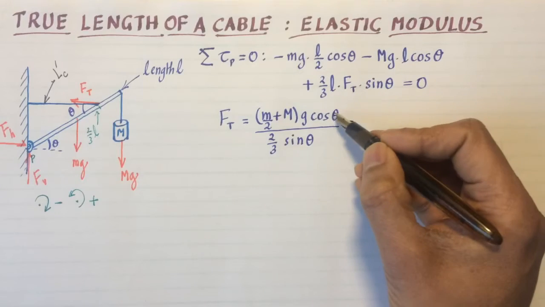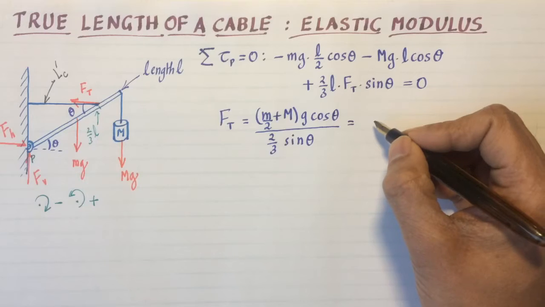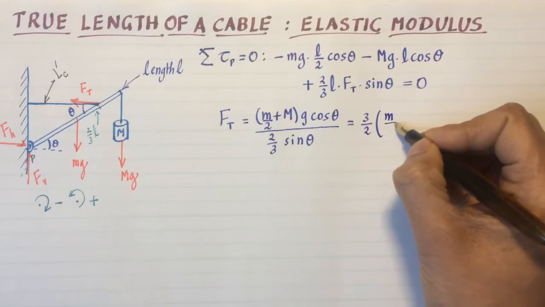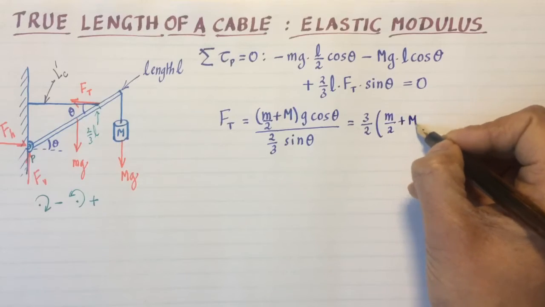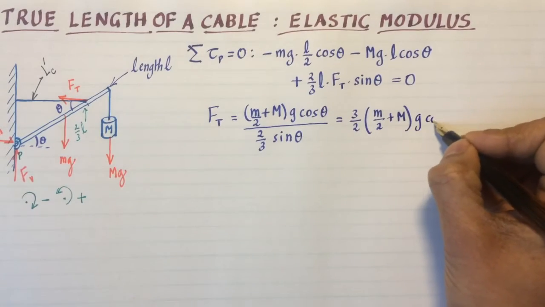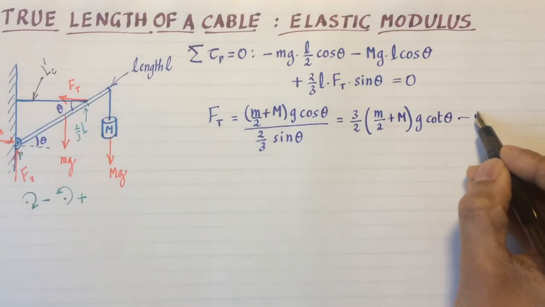Now if you remember, cosine over sine is cot, so I can write this as 3/2 times little m over 2 plus capital M, times g cot theta. So that's our result. Let's just save that equation.